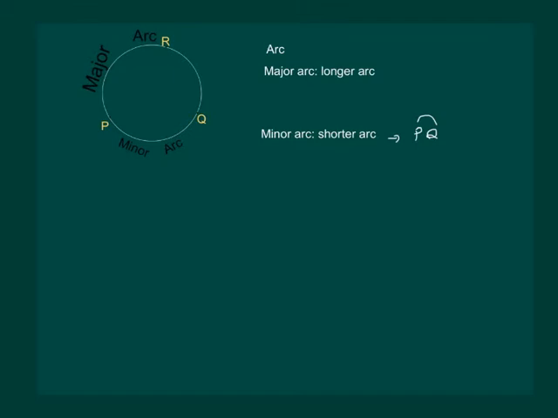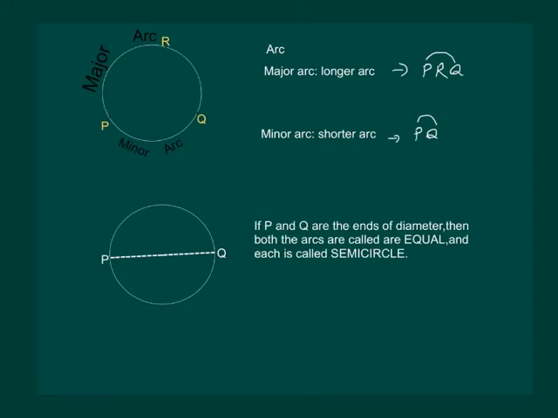Then we can denote major arc as P, R, Q and a curve over it. If P and Q are the ends of the diameter, then both the arcs are called the semicircle. Also note that both the semicircles have arc of equal length.